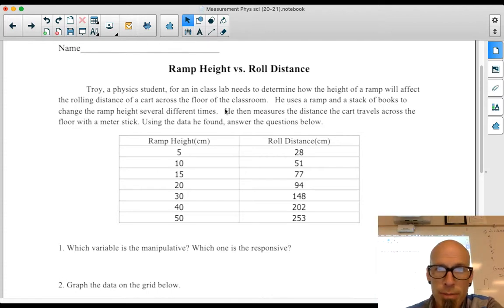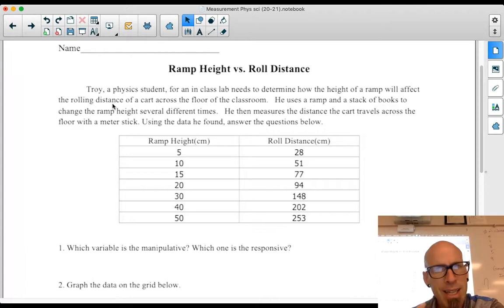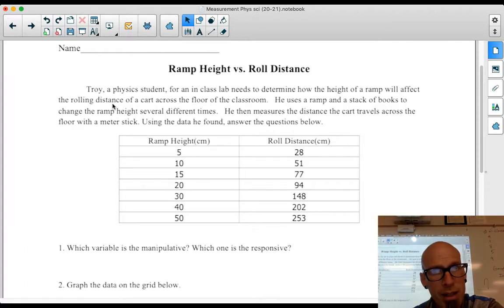So again, Troy, this physics student, wants to see how the height of a ramp will affect the rolling distance of a cart. So already it should be kind of a clue that there's a cause and effect going on here. And it's the height that is probably going to have an effect on the rolling distance of the cart.